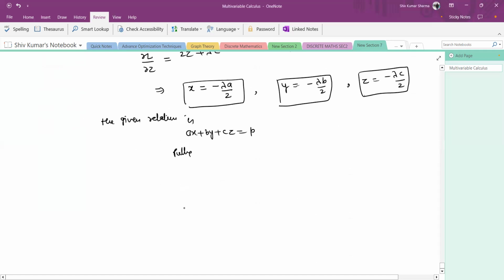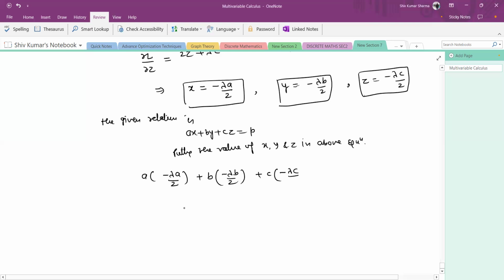So putting the value of x, y, and z in above equation. So x means lambda a upon 2 plus by minus lambda b upon 2 plus cz minus lambda c upon 2 is equal to p.